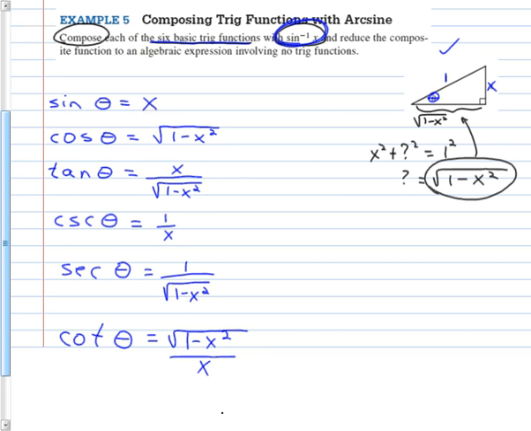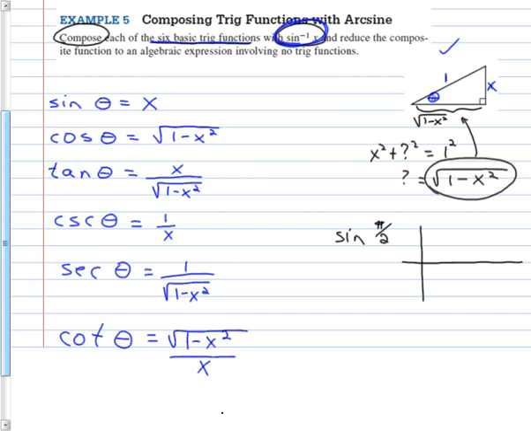Now, what does this do for me? Well, let's take a real simple example. Let's take the sine of some angle. I want to make an easier angle than that. Let's take the sine of pi over 2.